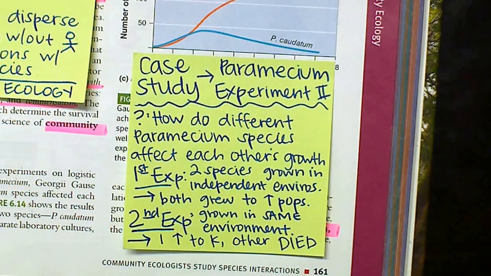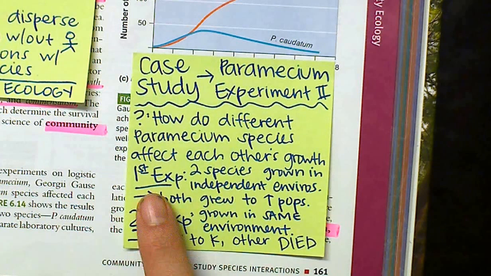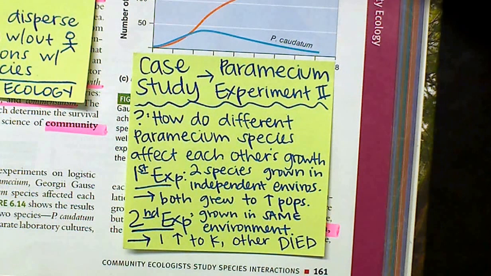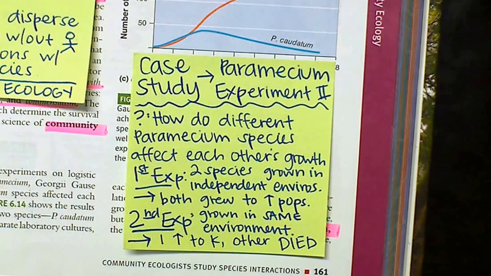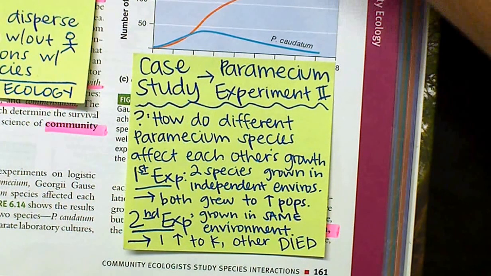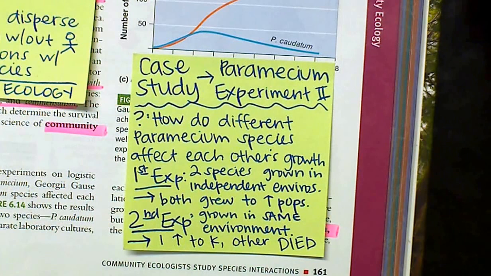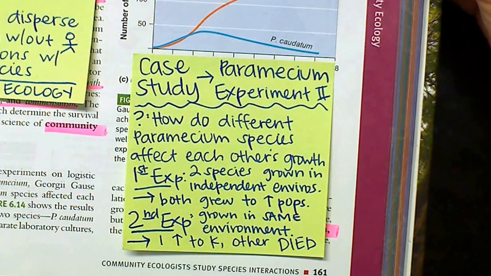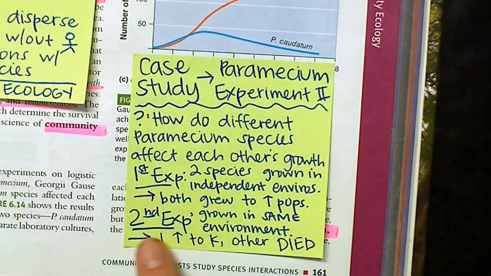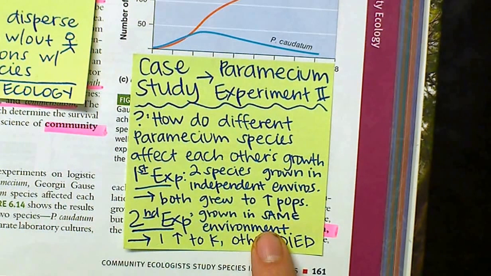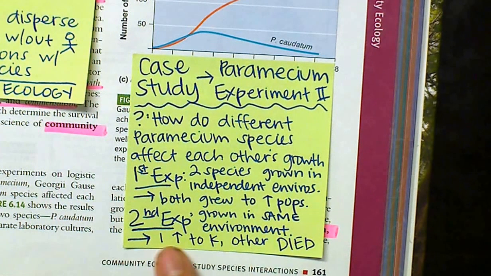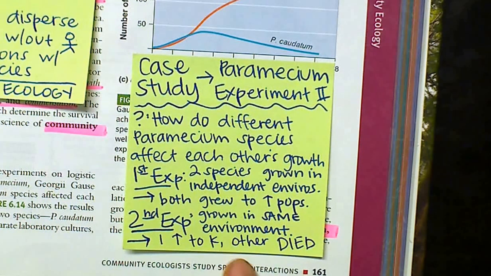In his first experiment, the 2 species were grown in independent environments, and both of them grew to fairly large populations. They hit their carrying capacity and leveled off. However, in the second experiment, they were grown in the same environment. One grew to the carrying capacity and the other basically died and went extinct.